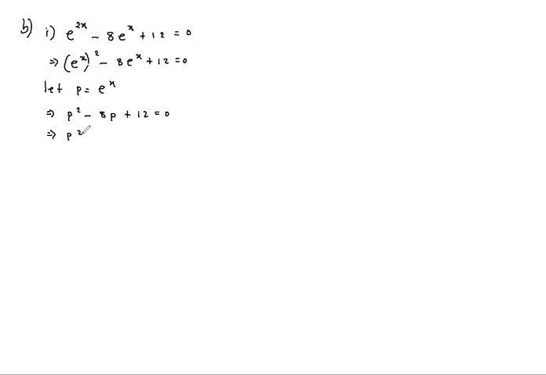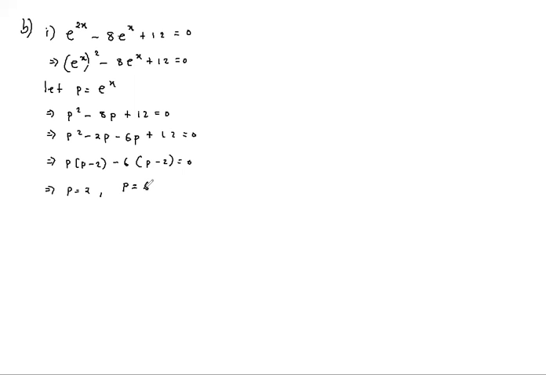But because 8 is negative, we'll use minus 2 and minus 6. Because we know when you multiply both of them, the negative will disappear. So we'll have p minus 2, p minus 6. So this is telling us that p is 2 or p is 6.